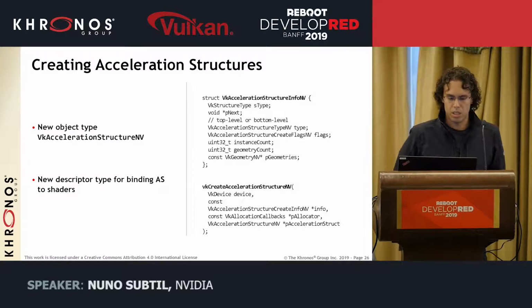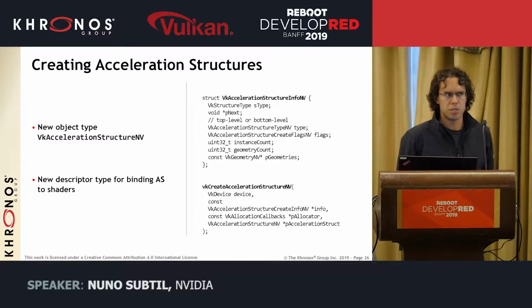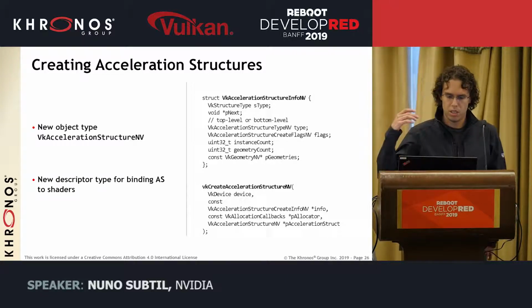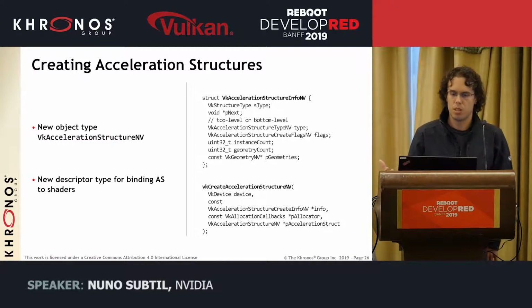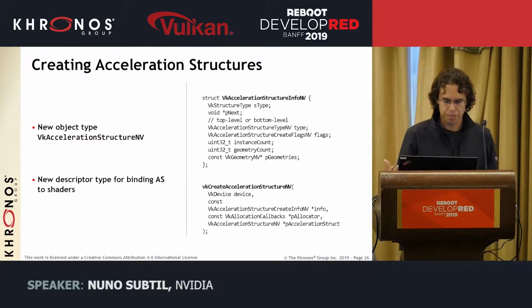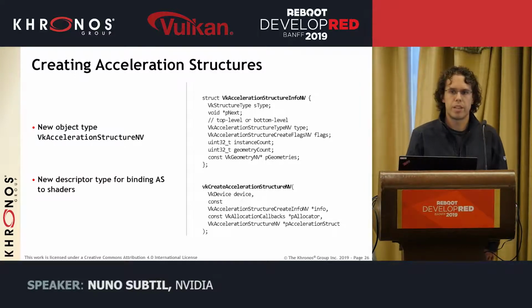So how do you create and manage these objects? Well, acceleration structures are a new object type. They are created and managed in a very analogous fashion to other Vulkan objects. So you create an object, pass in some information about what the object characteristics are. That gives you a handle, and then you're expected to allocate memory for that handle separately.